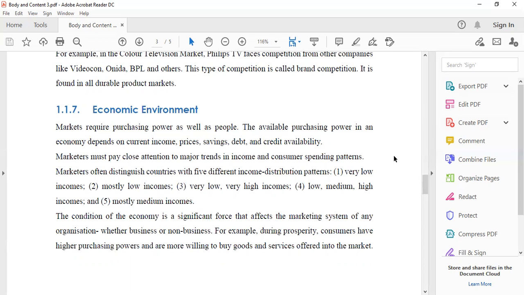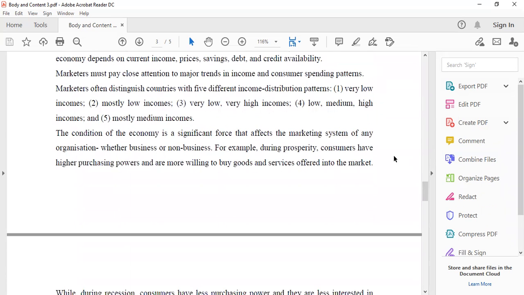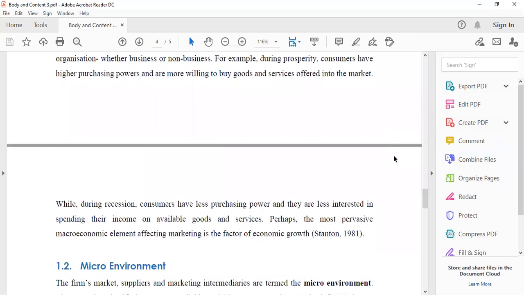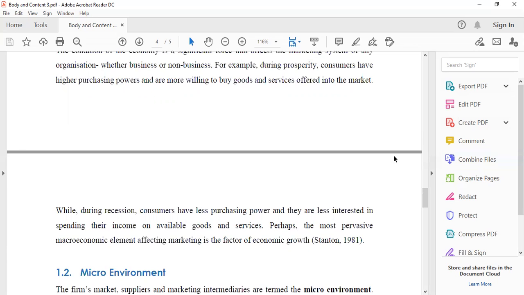But on the reverse, if there's a recession, just like the post-COVID era is tilting towards, people have less to spend and try to keep as much as possible, to save as much as possible. So it is important that the economic environment is understood.